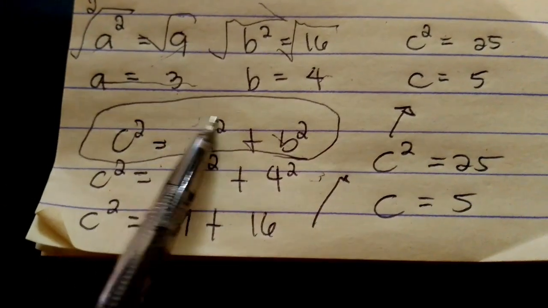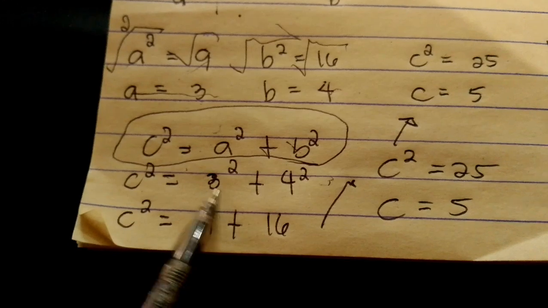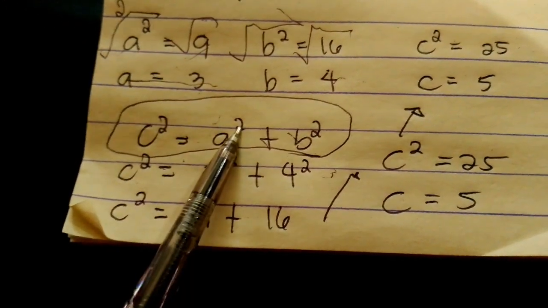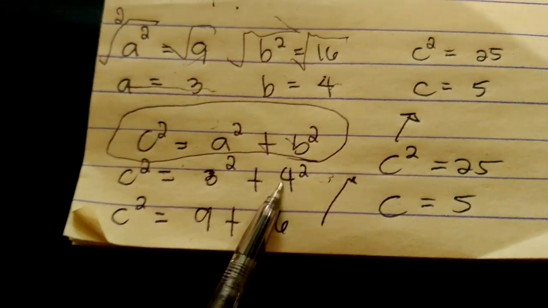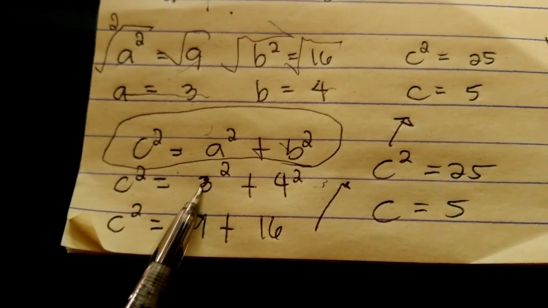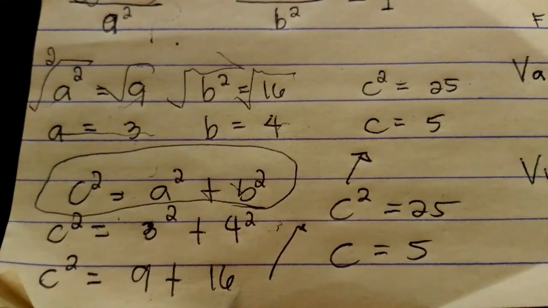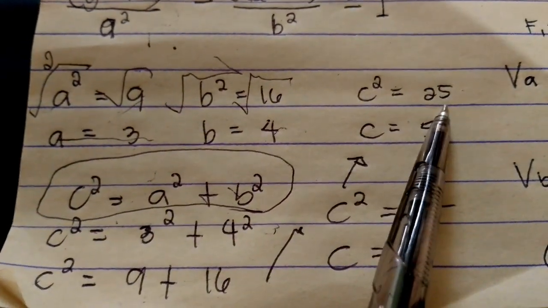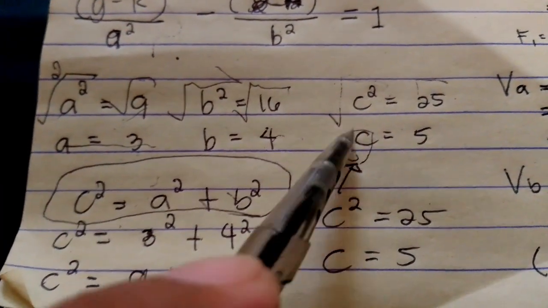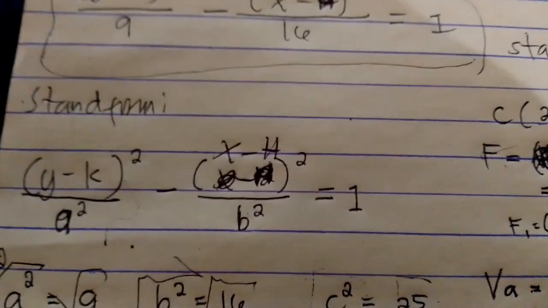Now plug the values of a and b into the Pythagorean theorem: a is 3, squared, plus b, 4 squared. 3 squared is 9, 4 squared is 16. Just add, and c squared is 25. Then the square root of 25 is 5. Now we have our variable c, which is equal to 5.